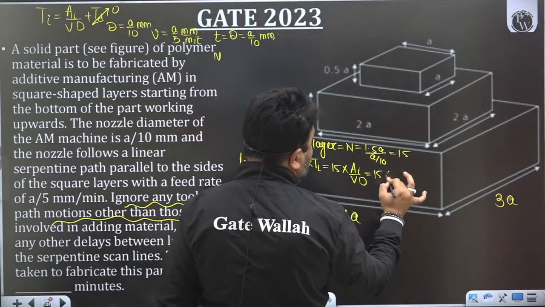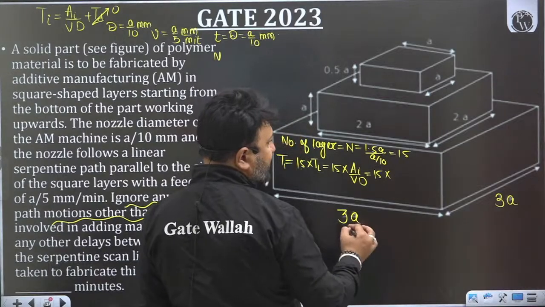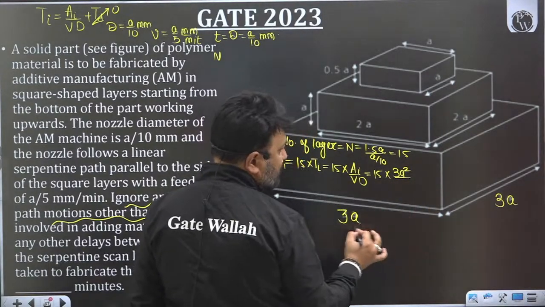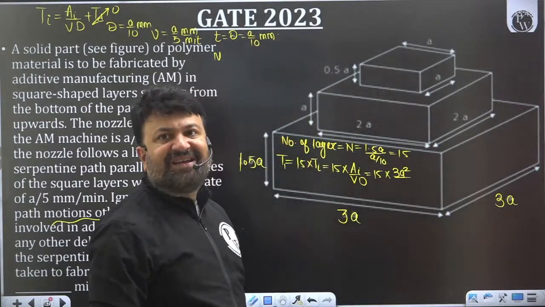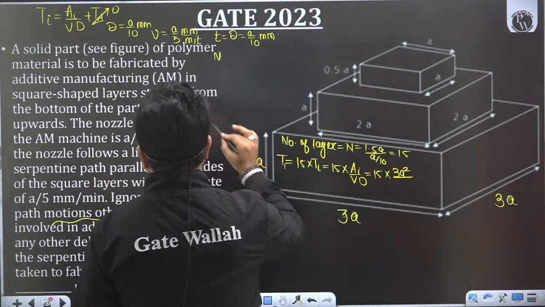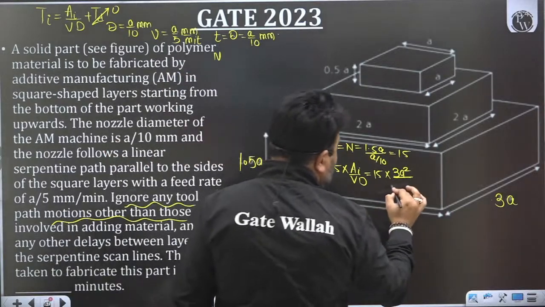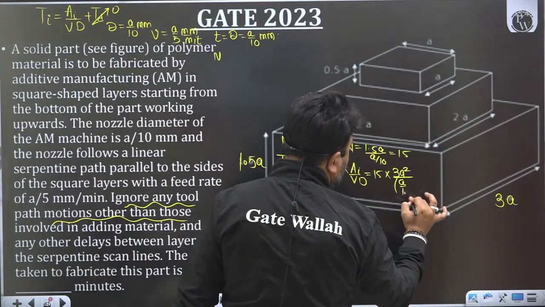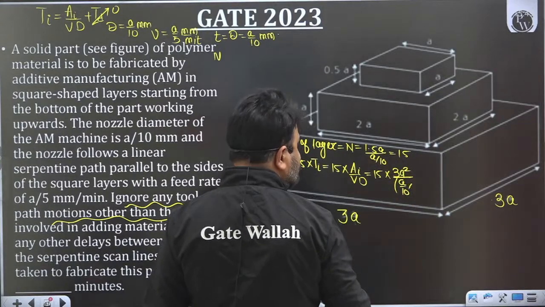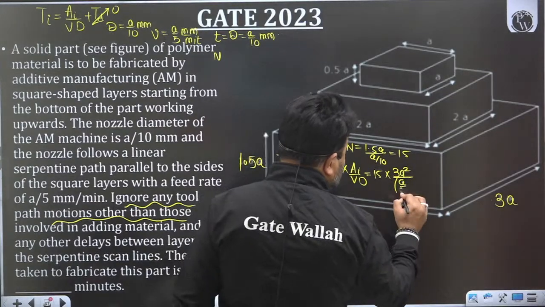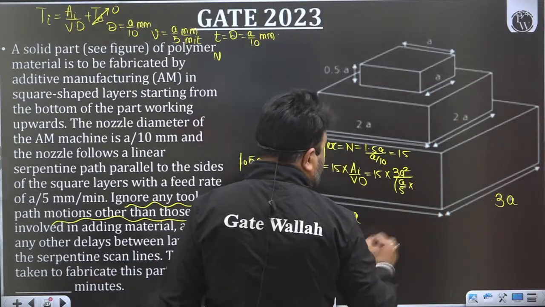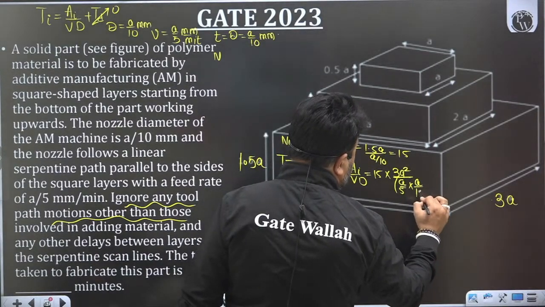So 15 into Ai, that is 9a square, the cross-sectional area, divided by the velocity A by 5 and the diameter A by 10.